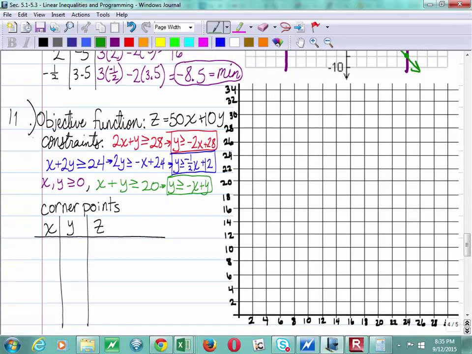Okay, so now let's draw our lines. On the first one, the y-intercept is 28 and the slope is negative 2, so go down 2 over 1.